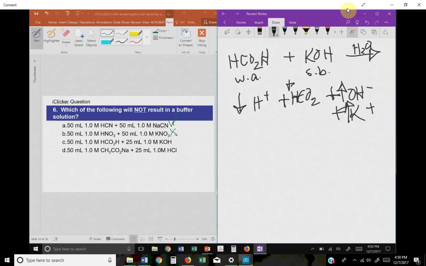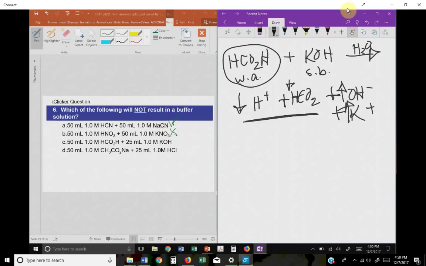So, what do we have in solution? Let's take a look at why I wanted to put that there. Well, for our weak acid, what do we end up with in solution? We end up with these two guys in solution.